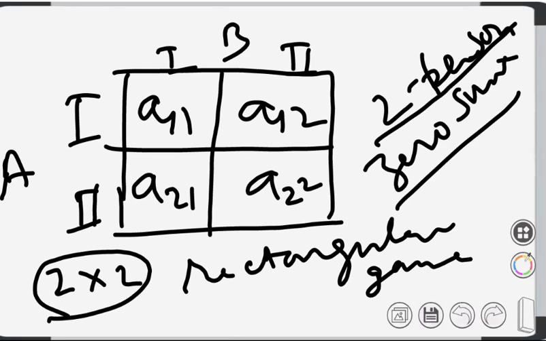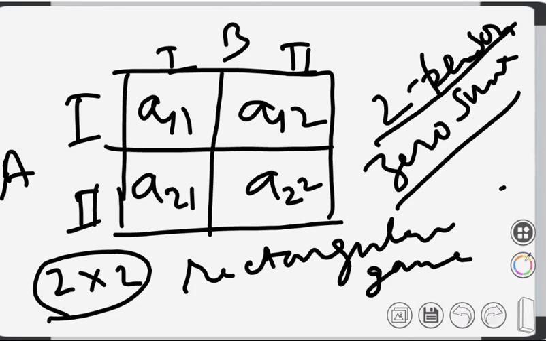So that is why it is called a two-person zero sum game: nothing extra is added. One person's gain is equal to the loss of the other.